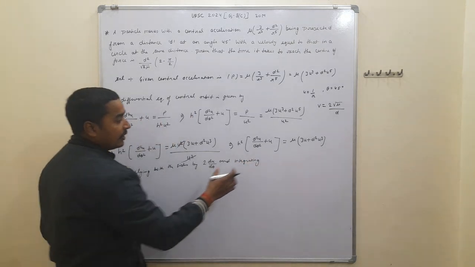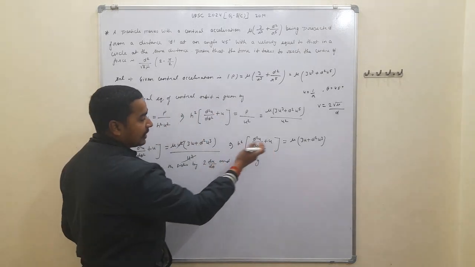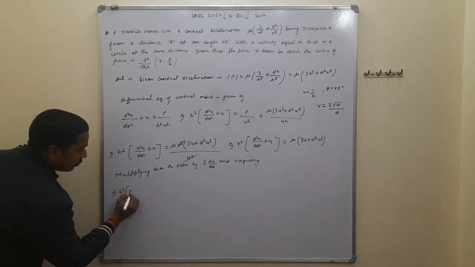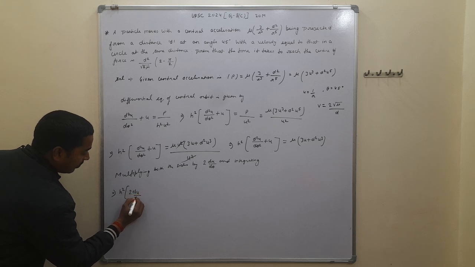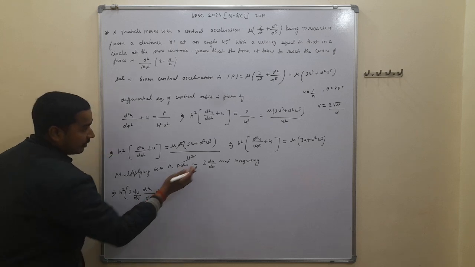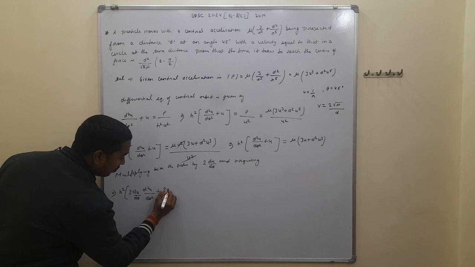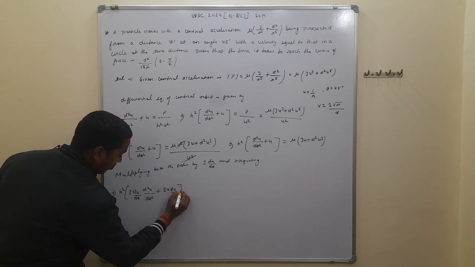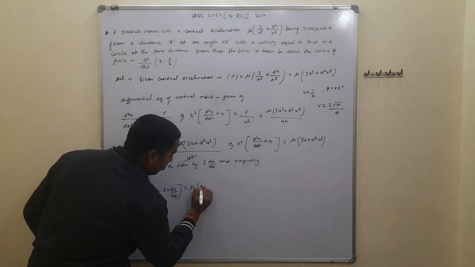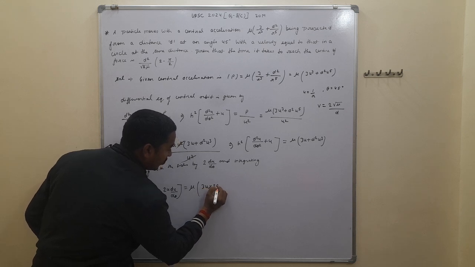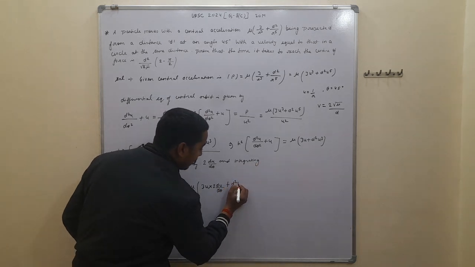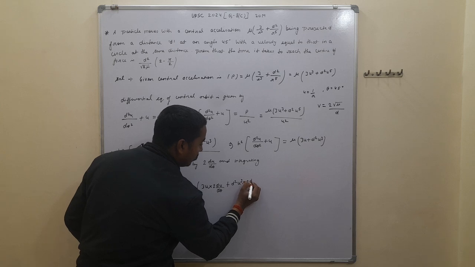First we multiply the given equation with 2 du upon d theta, then integrate. The equation becomes h square, 2 du upon d theta, d2u upon d theta square plus u multiplied with 2 du upon d theta, that is 2u du upon d theta, is equal to mu, taken outside, 3u multiplied with 2 du upon d theta plus d square u cube multiplied with 2 du upon d theta.